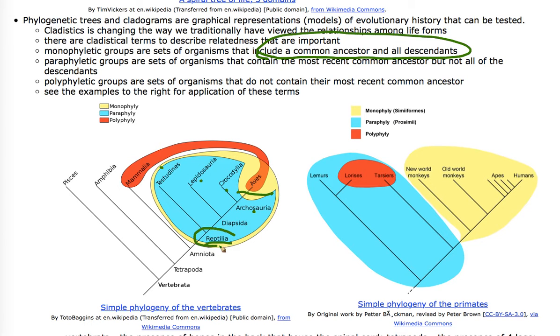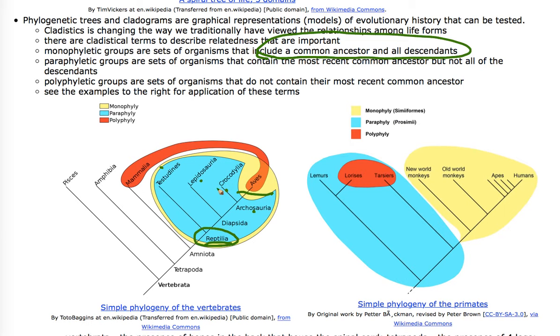Therefore, the typical way people use the word reptile is a paraphyletic group. Paraphyletic groups have their ancestors and most of the descendants, but at least some of the descendants are missing from the group.